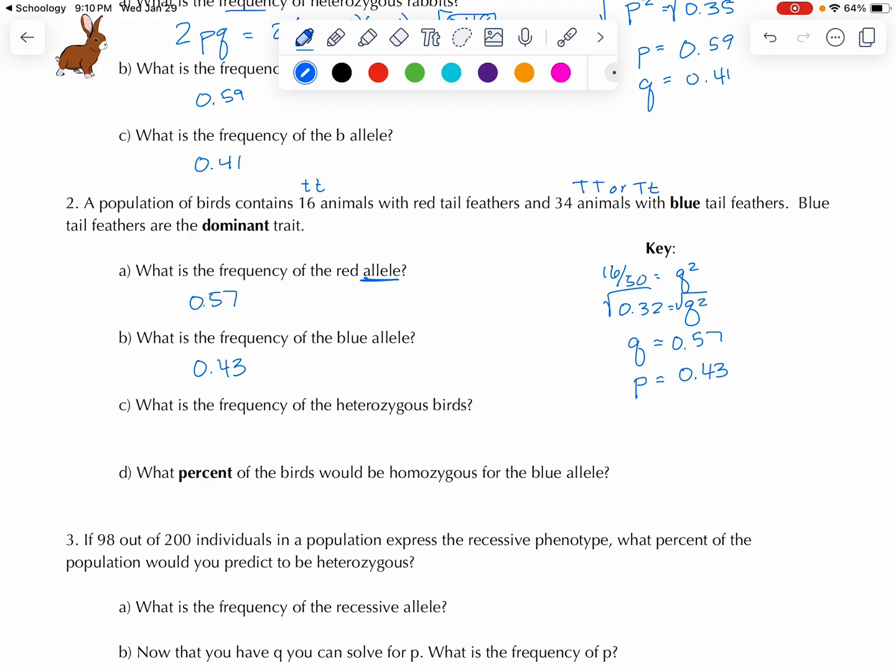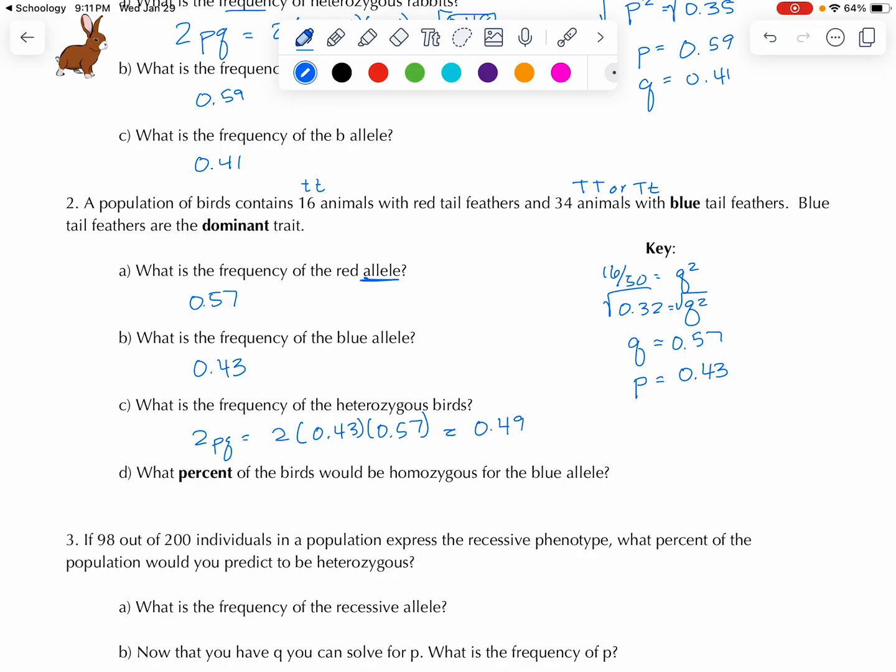What's the frequency of a heterozygous bird? That's going to be 2pq. So it's going to be 2 times p, which is 0.43, times q, which is 0.57. So 2 times 0.43 times 0.57, I got 0.49. And then what percent of the birds would be homozygous for the blue allele?